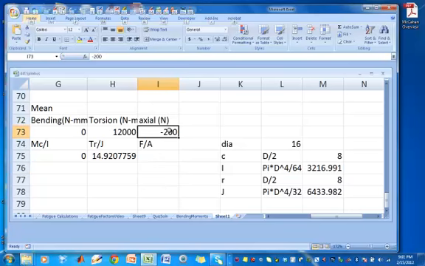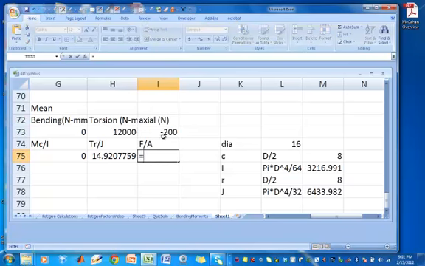F divided by pi d squared over 4. So that's very, very low.